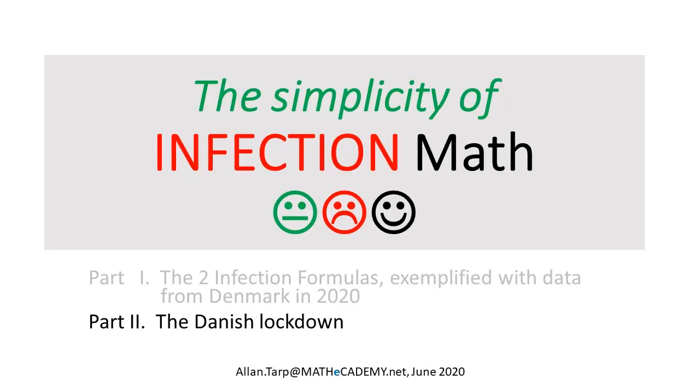Here ends part 1, concluding that, with reliable Danish data, the message of the 2 infection formula is, do not exceed, do not lock down, simply balance meetings in space and time. Part 2 will be about the Danish lockdown.